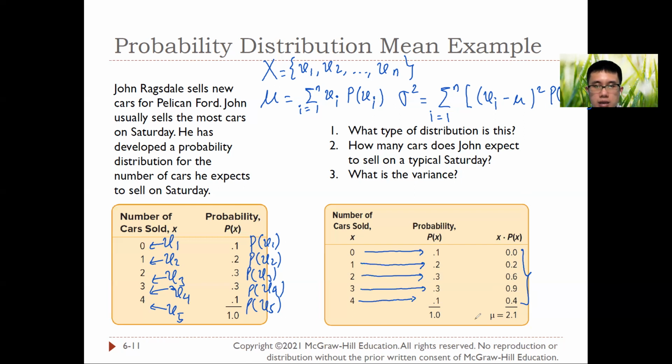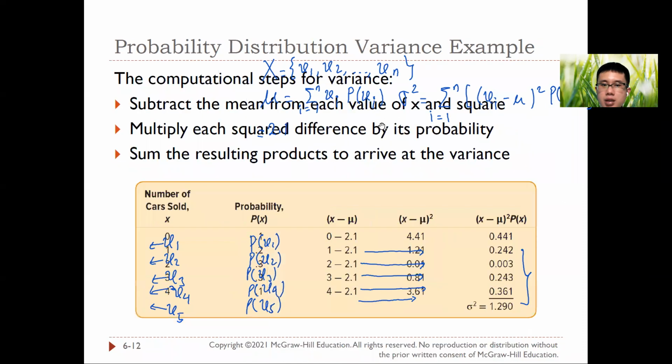So the expected value of the number of cars sold is 2.1 here. And then I think we have done with the mu here, and then we can use this mu to find the value of variance. Okay, next let's see about variance.